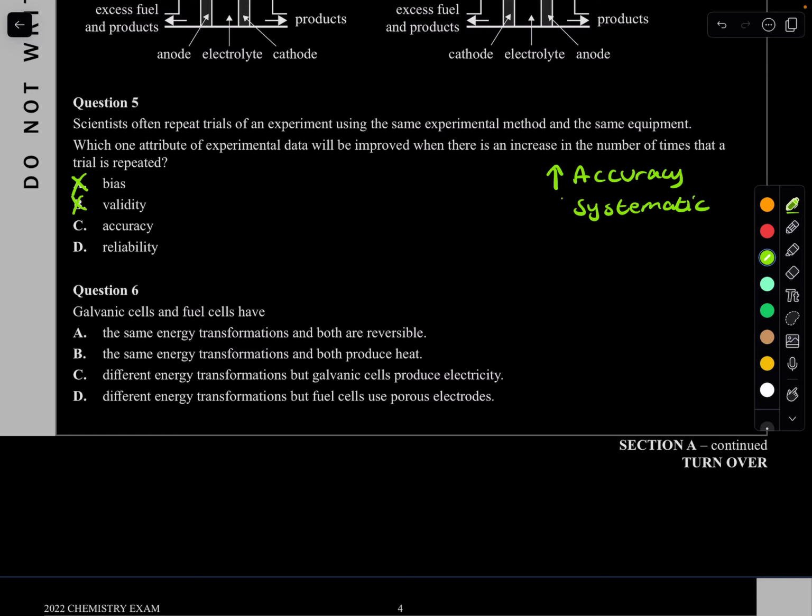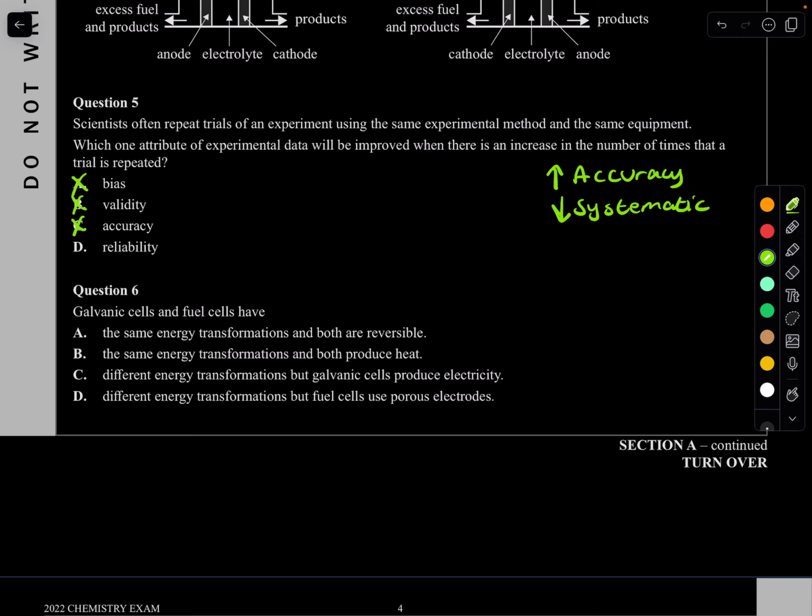In this case, we're using the same equipment, so your systematic error does not change. You still have the same systematic error, so accuracy does not increase. If you're repeating an experiment, you are decreasing your random error, which increases your precision, not your accuracy.